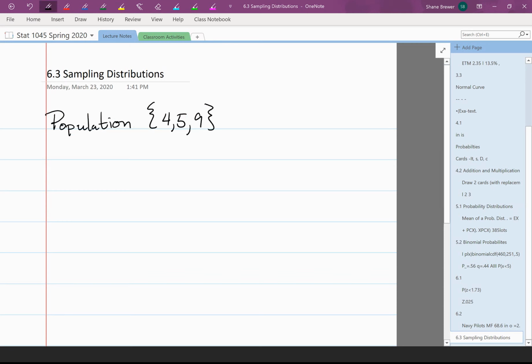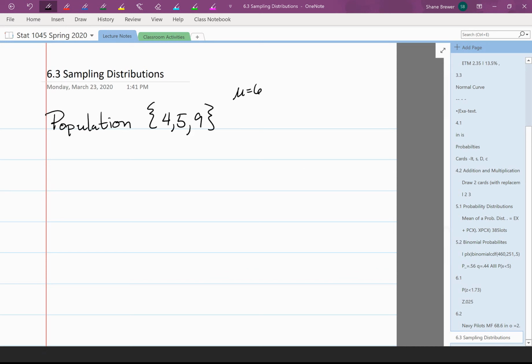All right, so here's our population. Just 3 numbers, no big deal. That is the entirety of the population. So we know a couple things about that population right away. We know, for instance, that the average of that population is 6. So mu equals 6. I'm going to throw this in my calculator.